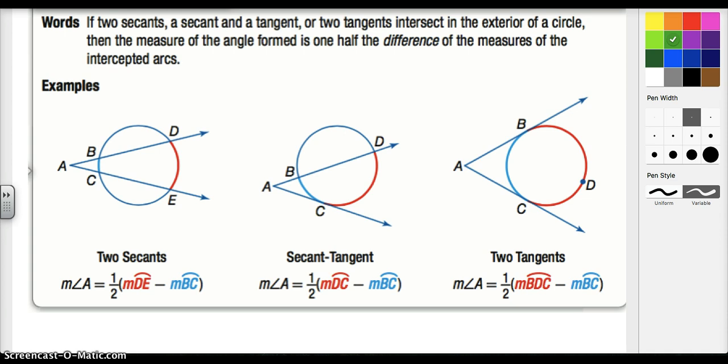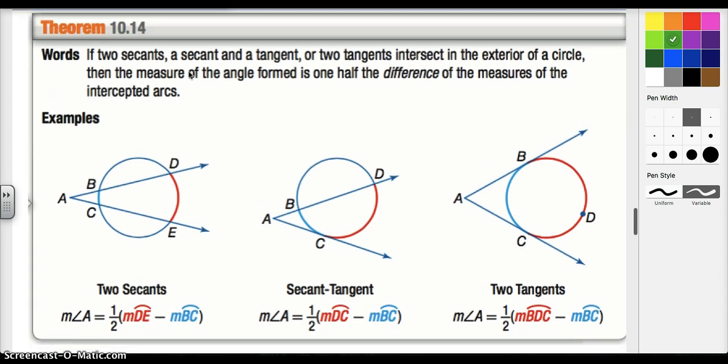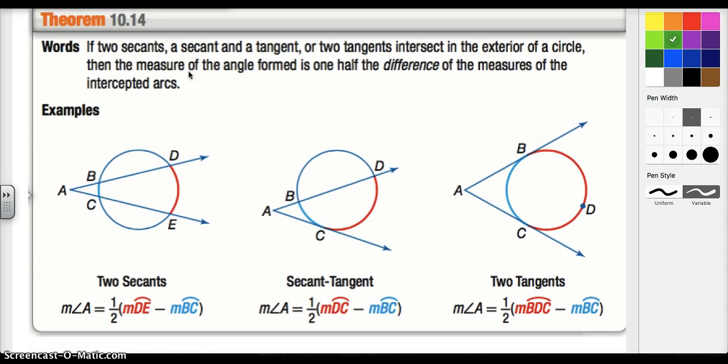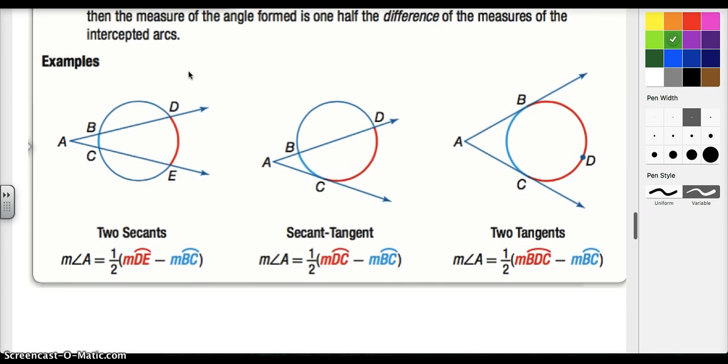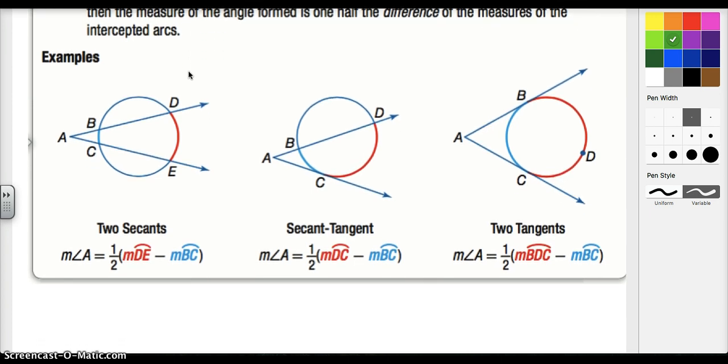So here, our theorem, 10.14, is kind of involved, and I would suggest you draw pictures that would help you remember some of this stuff. But the cool thing is that all of these have a very similar relationship with the arcs of intersection.